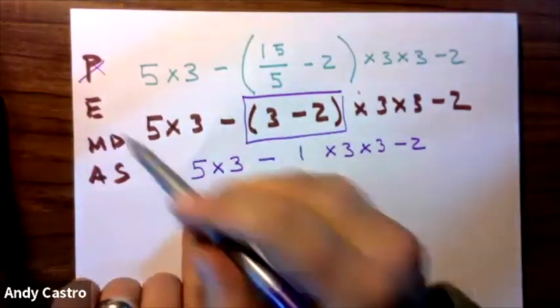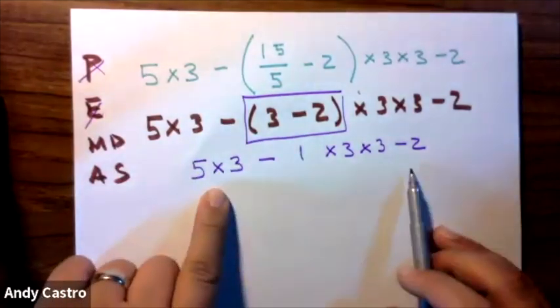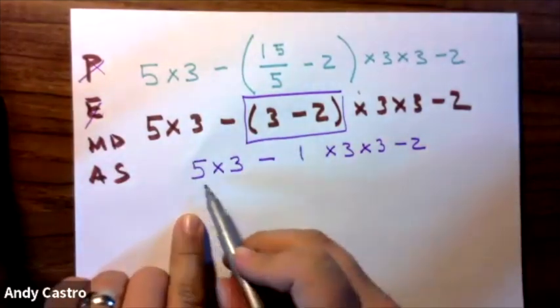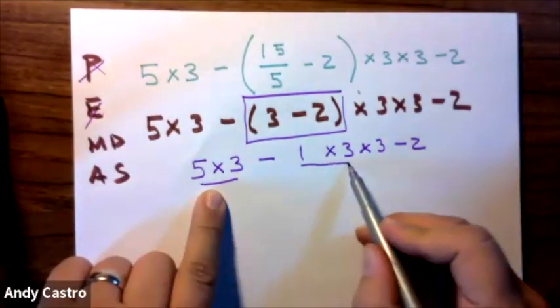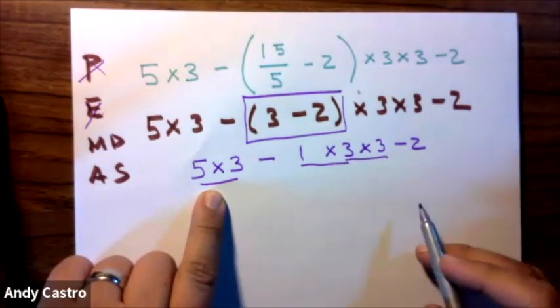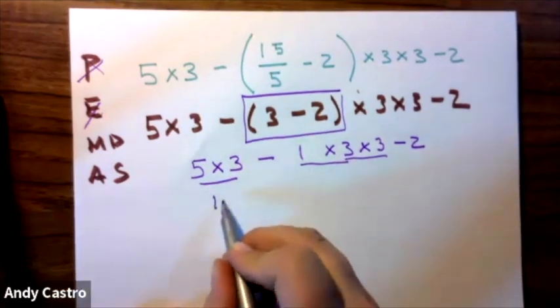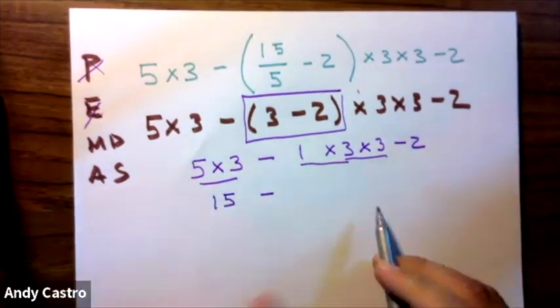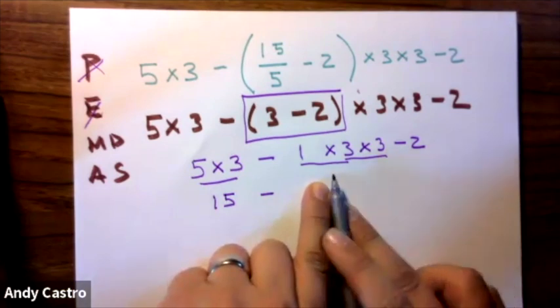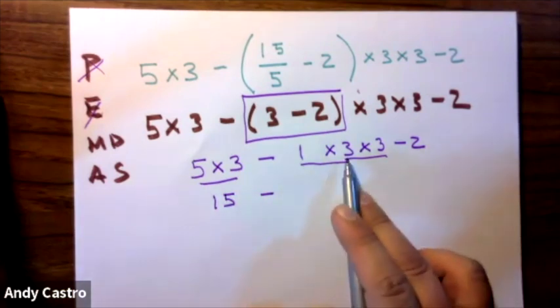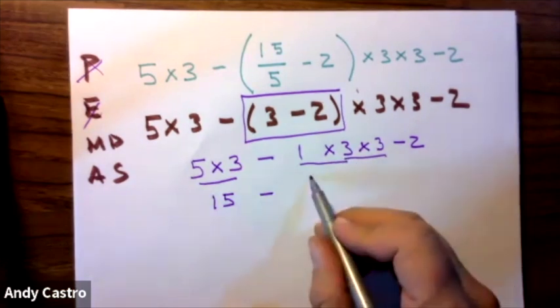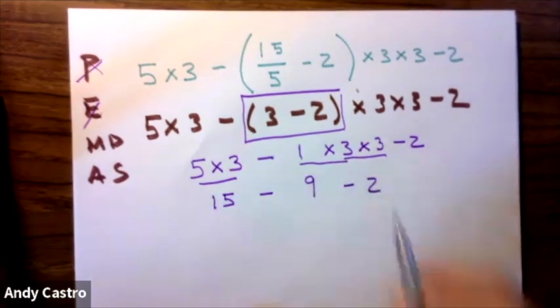I do not have exponents, so I'm on to multiply, divide. And I've got multiplication here, here, and here. So I know I can make this a 15 minus 2 sets of multiplication. I'll just go left to right. 1 times 3 is 3. 3 times 3 is 9 minus 2.